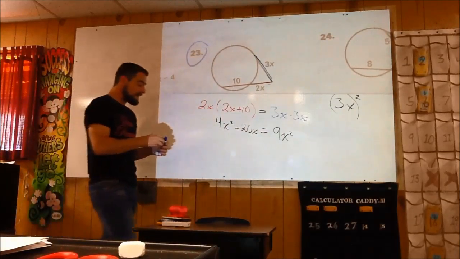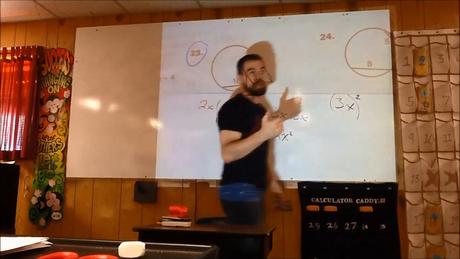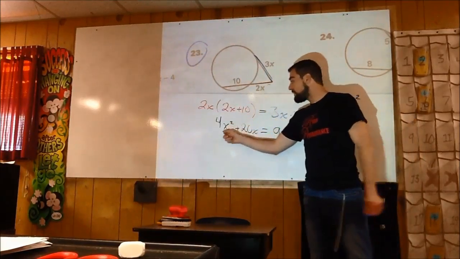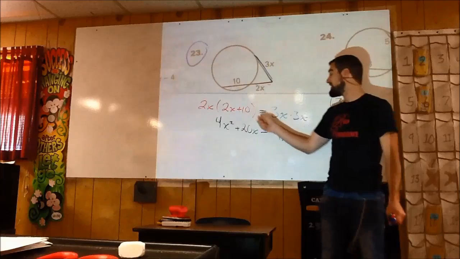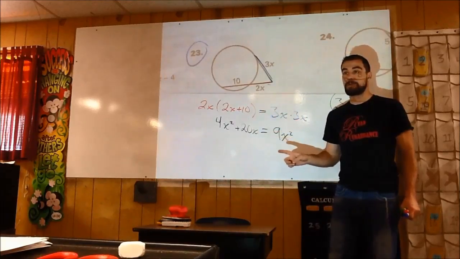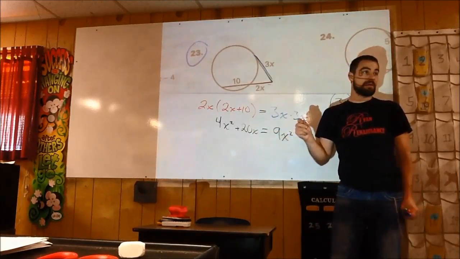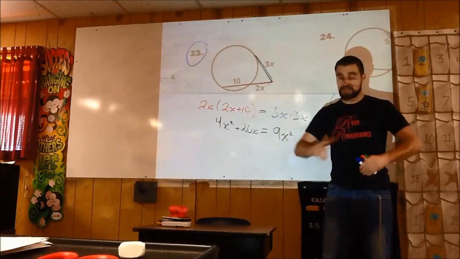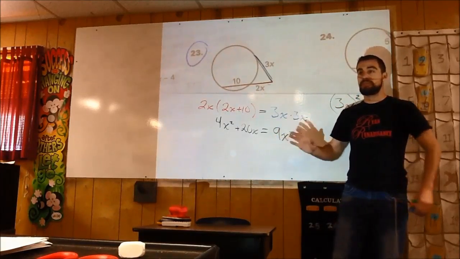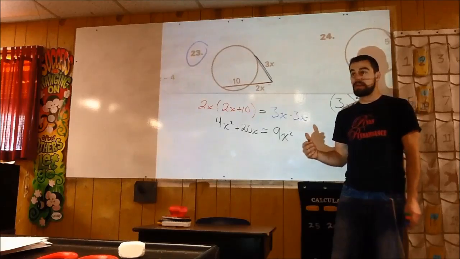All right, so now for this one, some of you saw this equation and said, okay, there's a variable that's being squared, and then there's the same variable being raised to the first power. What do we think of? Quadratic, okay? So that's completely legitimate if you see that, and that's fine.